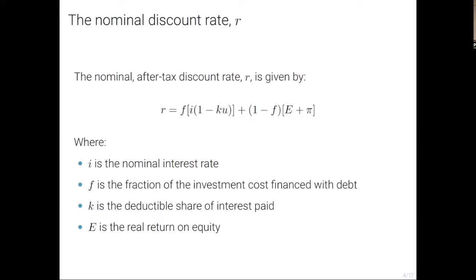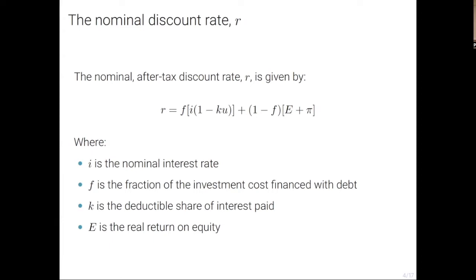We'll let I represent that nominal interest rate. Now, at least a portion of those interest payments are deductible against the firm's corporate income tax. So 1 minus K times U is going to represent the fraction of interest payments that remain after some of them are deducted from the income tax, where U is, again, the statutory corporate income tax rate. K here is the deductible share of interest paid.